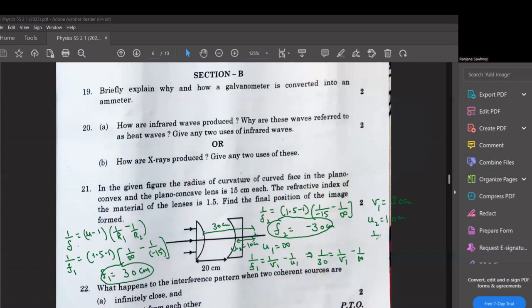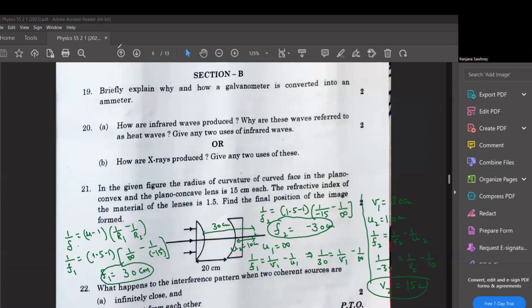Again, use the lens equation: 1 upon f2 is equal to 1 upon v2 minus 1 upon u2. f2 here is minus 30, v2 you have to determine, and u2 is 10 centimeter. On simplifying it, we get v2 is equal to 15 centimeter. So the image is formed 15 centimeters towards the right of the concave lens. This is the position of the final image.